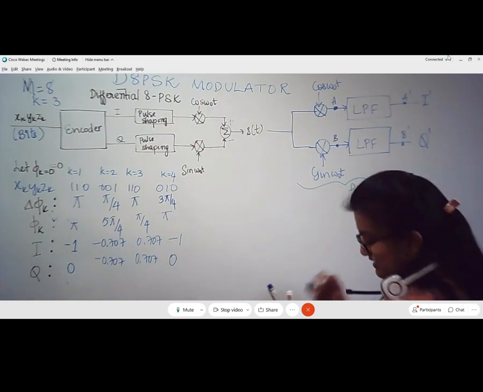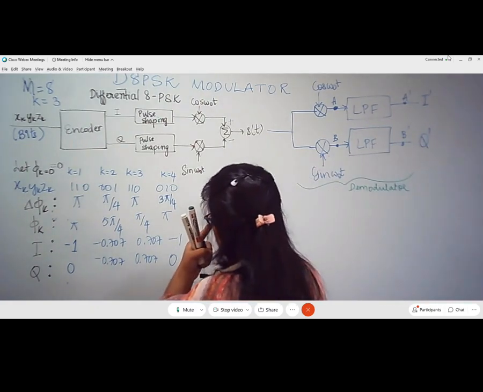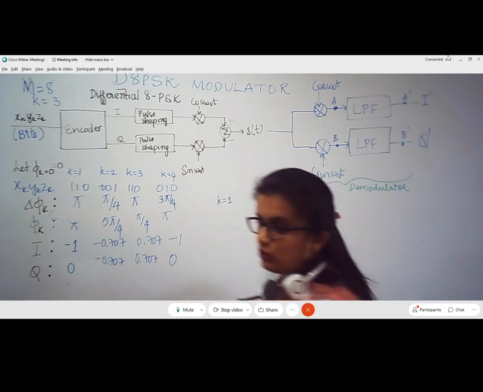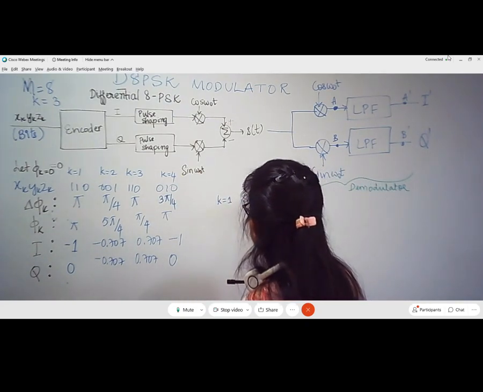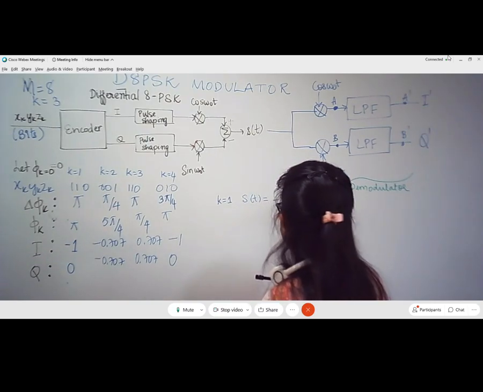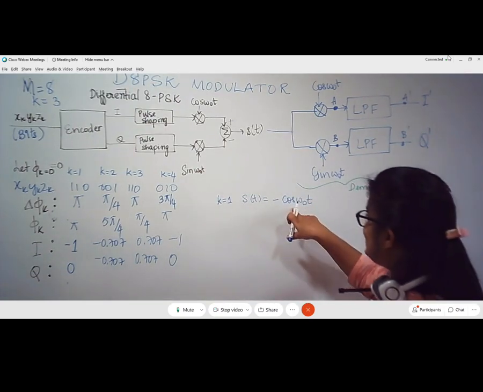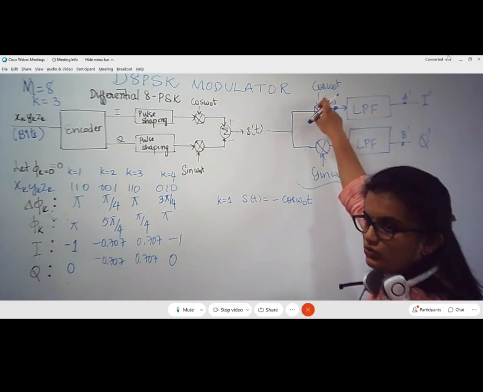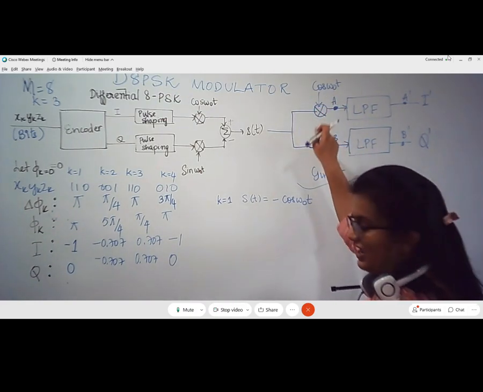Now I will take an example. Assume that at a time instance k is equal to 1, I have transmitted S of t equal to minus cos omega naught t. There is no sine function. This signal will be passed to both the cosine channel and the sine channel.